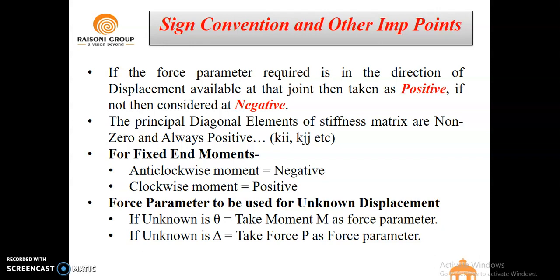Then the principal diagonal elements of the stiffness matrix, Kii, Kjj, Kkk, etc., are always non-zero and always positive. For fixed end moments, anti-clockwise moments will be treated as negative, whereas clockwise moments will be considered positive.